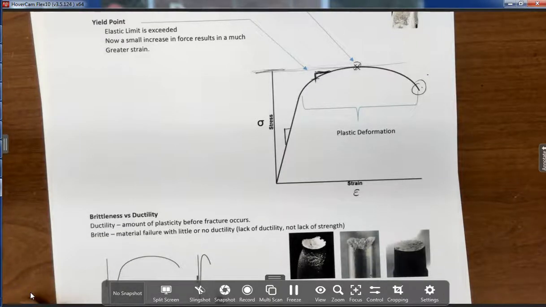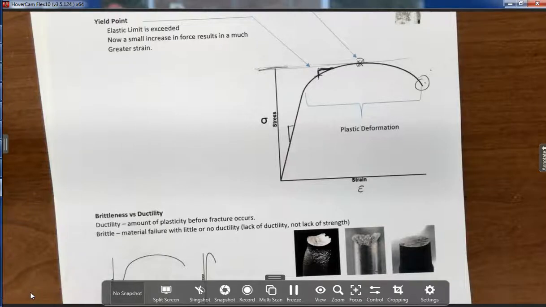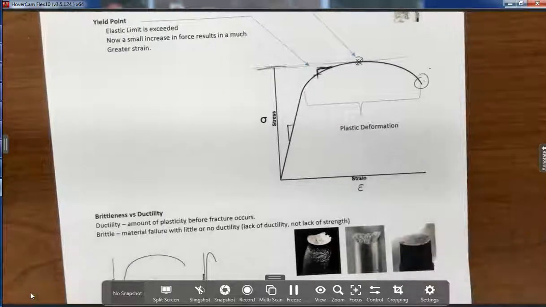We have a couple graphs here for you to compare and contrast the difference in material that would be ductile, that would be more stretchy, versus something that's brittle. Something that's brittle, if you try to bend it, it's not going to bend at all. It's just going to snap and break. So in the measure of ductility, less ductile is brittle. More ductile would be more resilient, more stretchy.